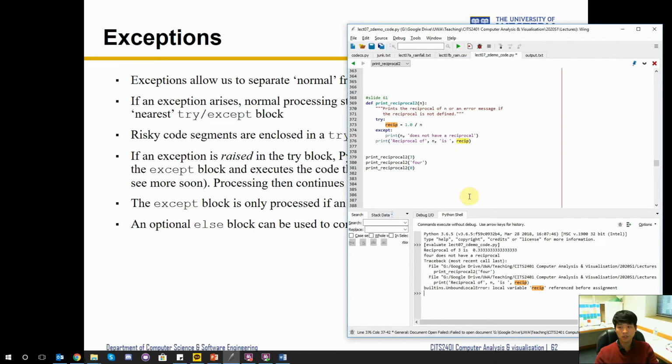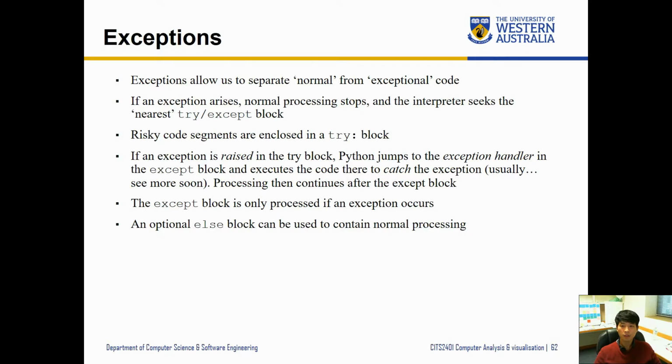If I run this again, you can see the receipt has been referenced before assignment, which means this one does not have any values associated with it. So if you know that some of the resulting values need to be used later on, it's a good idea to put it inside an else block. Otherwise, for generic code, it can be outside any of these exception blocks.